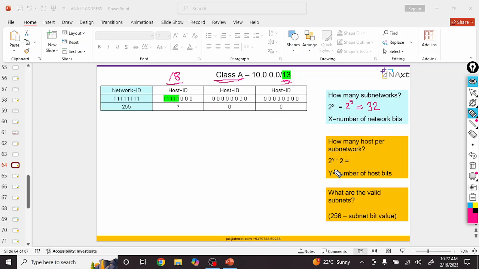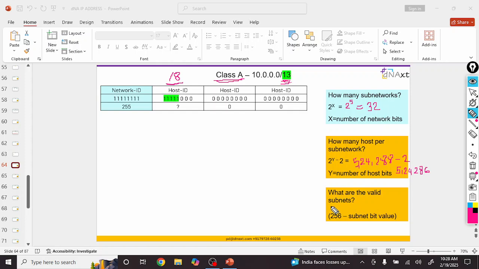So 2 to the power 19 is 5,24,288, and minus 2 we get 5,24,286. These many endpoints you can actually attach in each subnetwork.